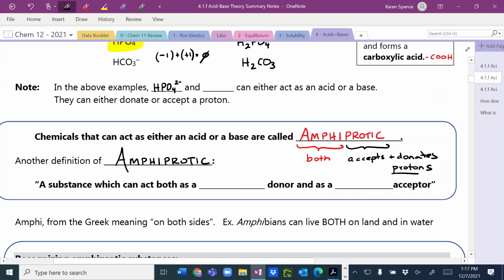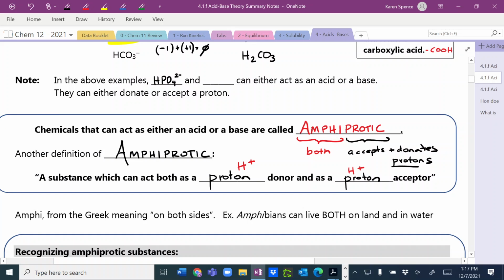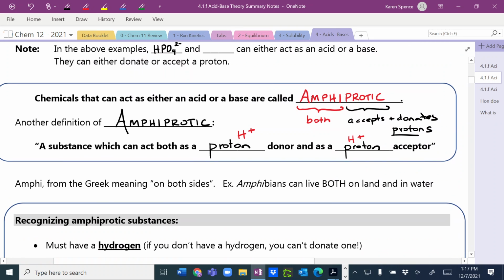A substance which can act as a proton donor, and what is a proton? H+. Or it can act as a proton acceptor, which is H+, of course. I didn't bother putting the frog in here again, but I did give you amphi, Greek, meaning on both sides. Amphibians can live both on land and water.